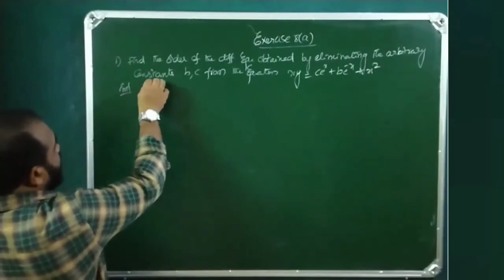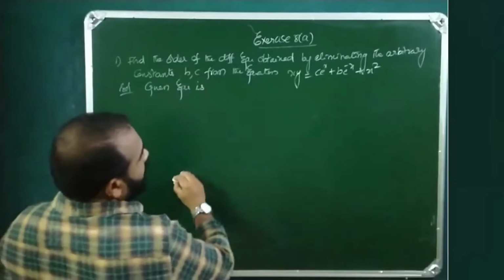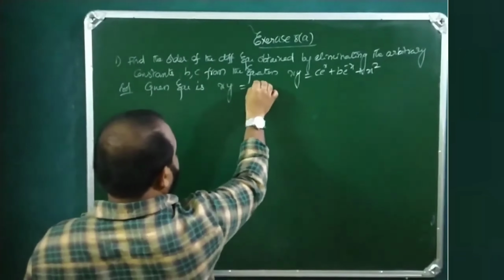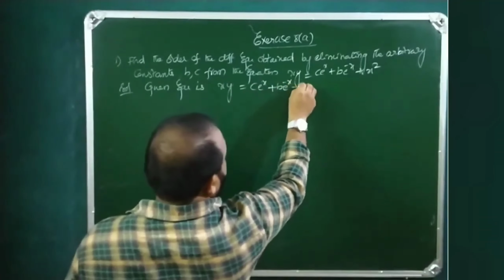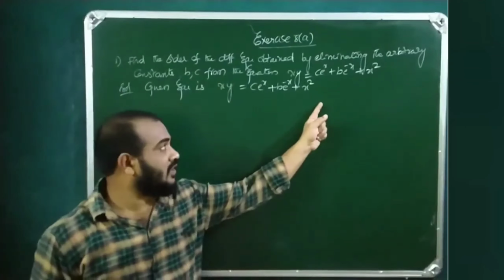Solution: given equation is xy = c e^x + b e^(-x) + x^2. So this is the given equation.